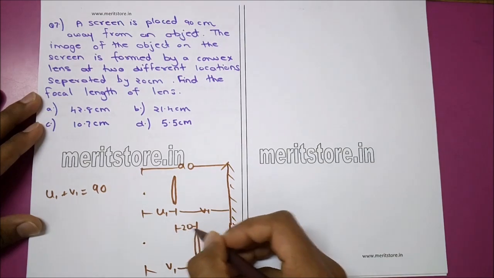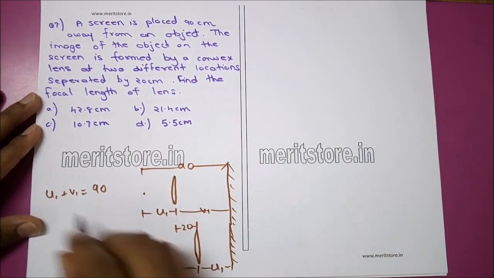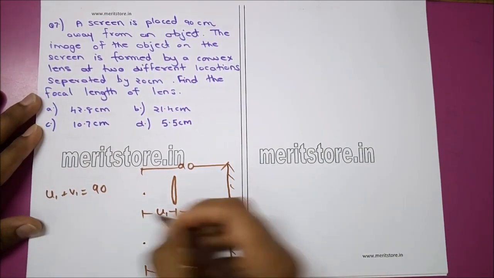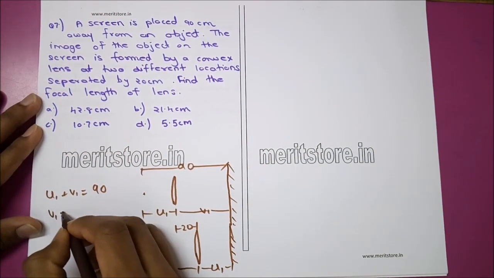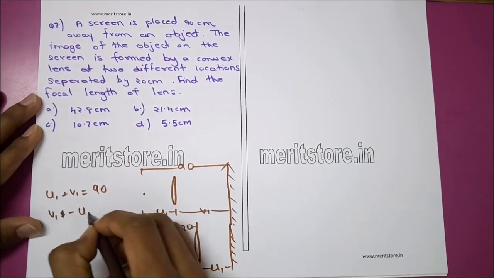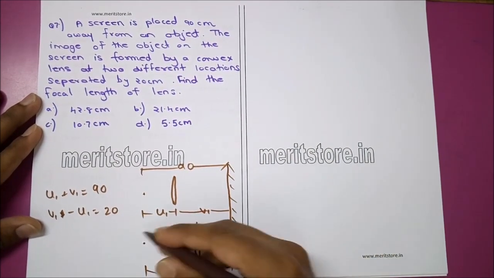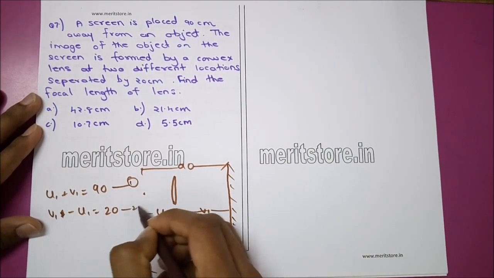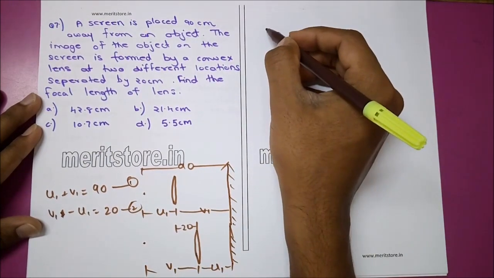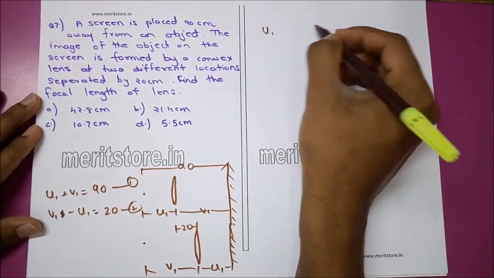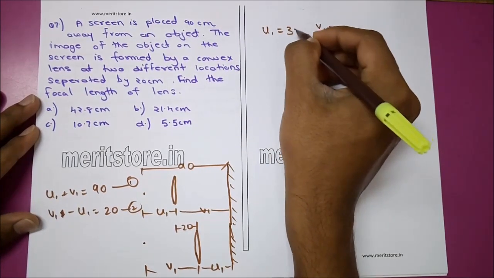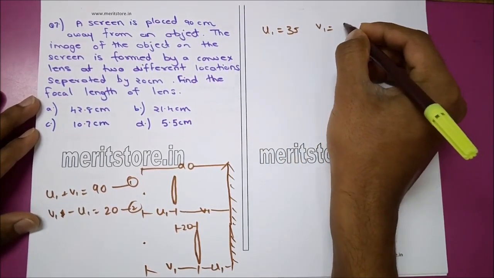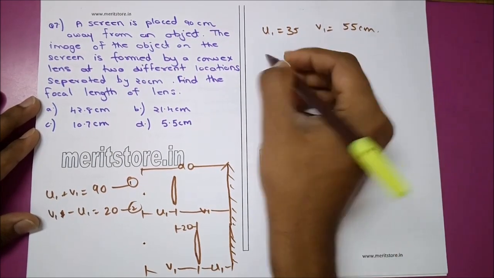So after moving 20 centimeters, u1 and v1 are interchanged. So basically from this we can come to v1 minus u1 is equal to 20. So solving these equations 1 and 2, we get the values of u1 and v1 as u1 equals 35 centimeters and v1 equals 55 centimeters.